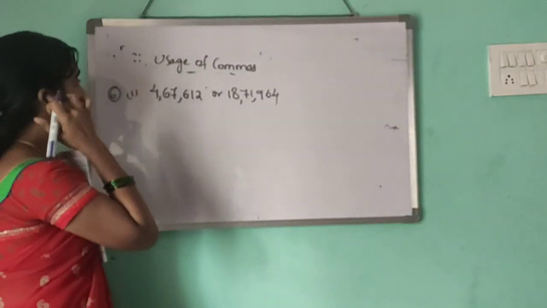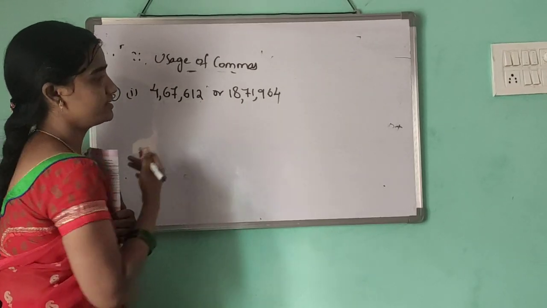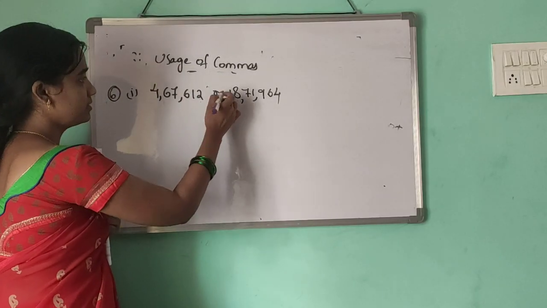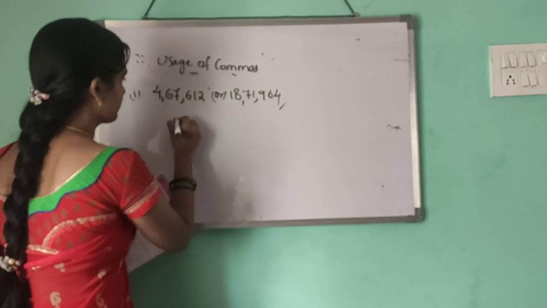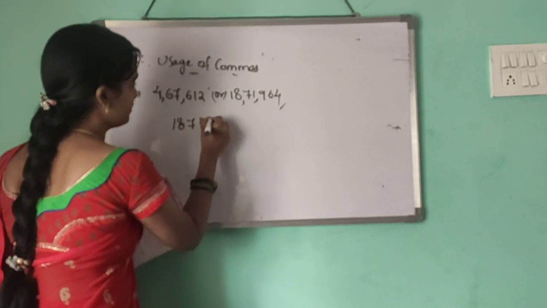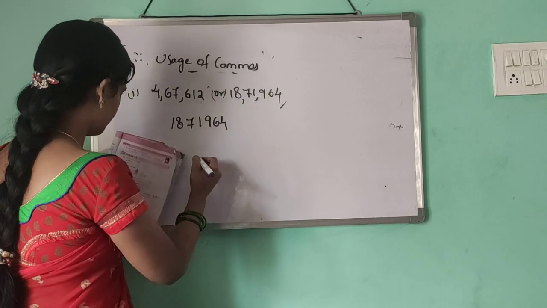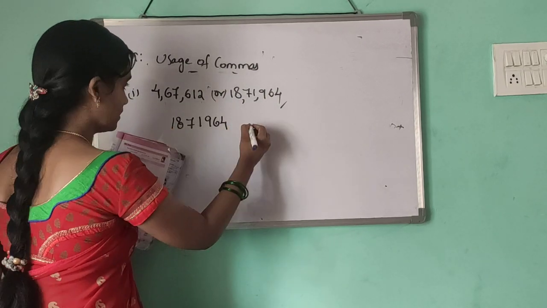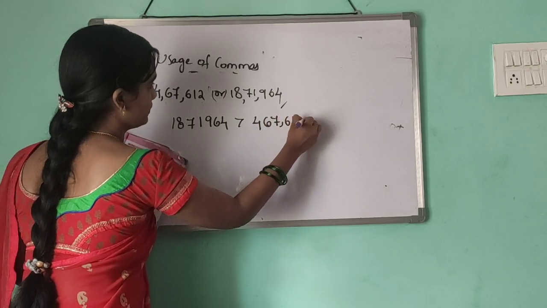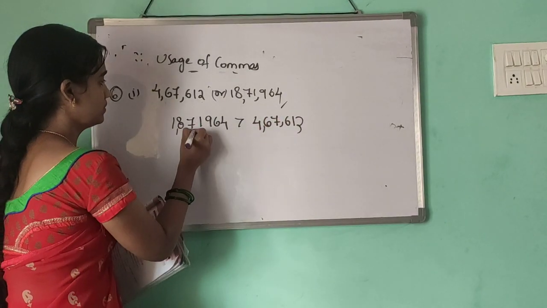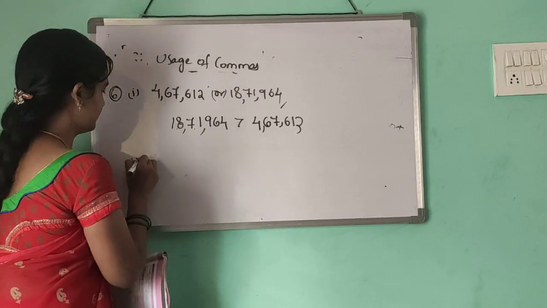Okay. Here see, 6 digits are there, here 7 digits are there. Clearly observe that the 7-digit number is the greatest. So 18,71,964 is greater than 467,612. Okay.